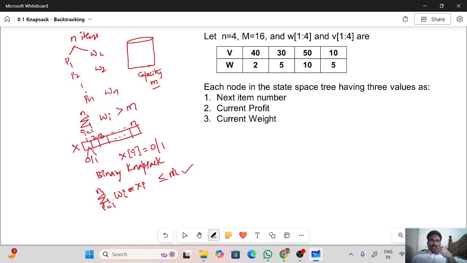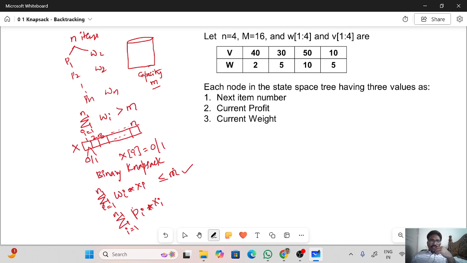And one more constraint: when we want to know what profit we are getting, that profit is the sum of pi into xi. For each item, if you place that item into the knapsack, that profit we consider. If not, we never consider that profit.